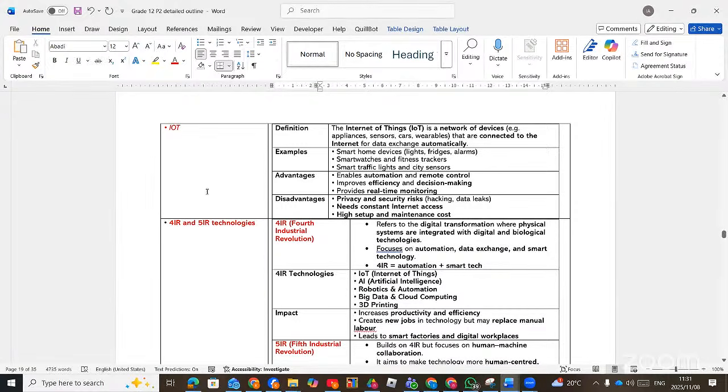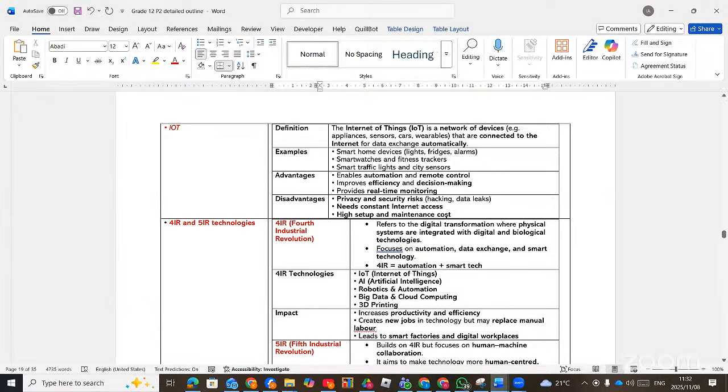Now, IoT and these new technologies are part of what we call the fourth industrial revolution. So the 4IR is a combination of IoT, AI, robots, big data, cloud computing, and 3D printing all put together.